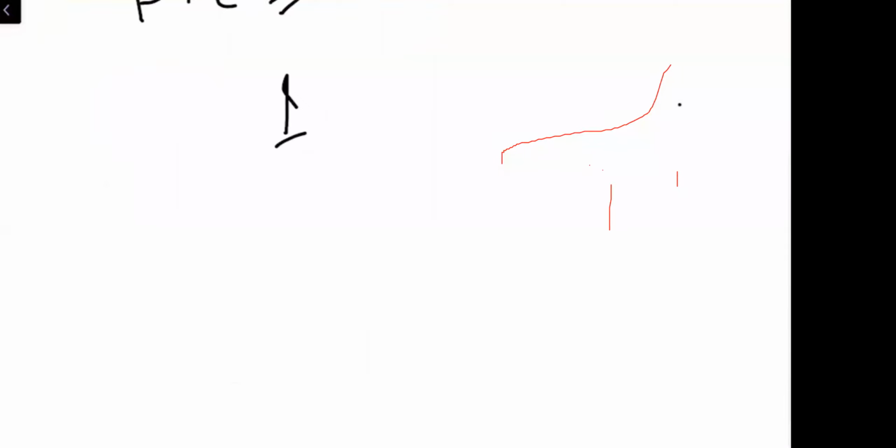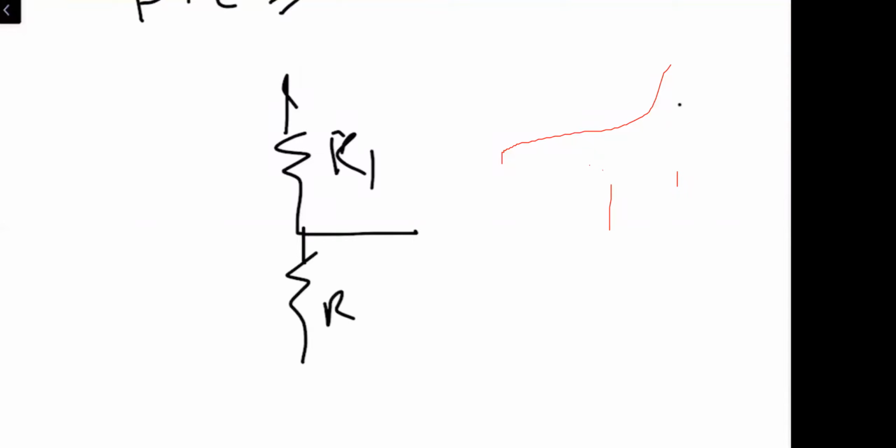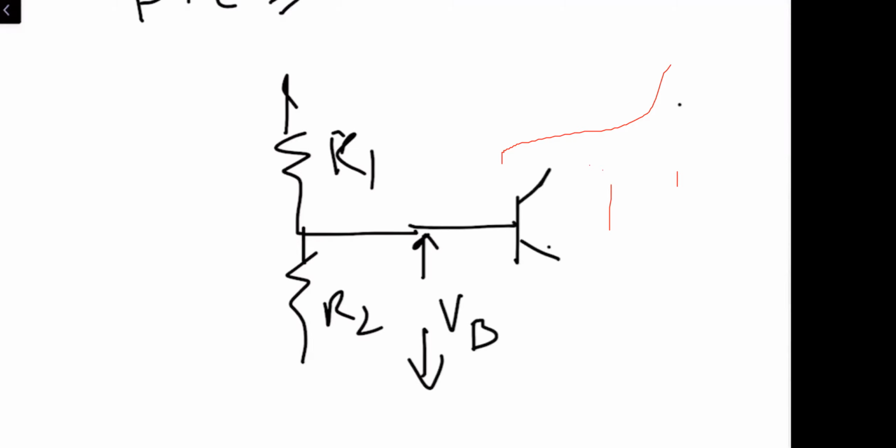We have R1, we have R2, and this is VB, which is connected to the base of the transistor, right?